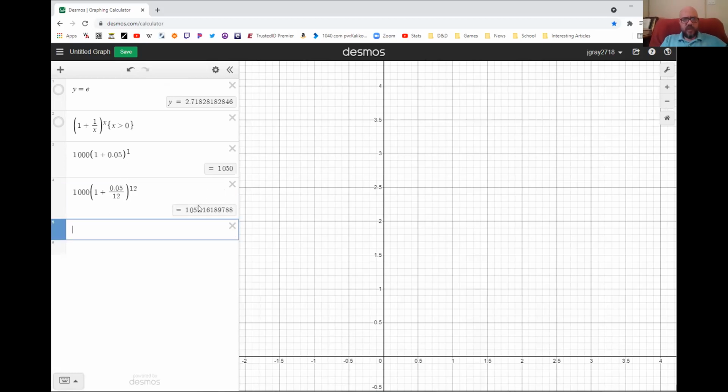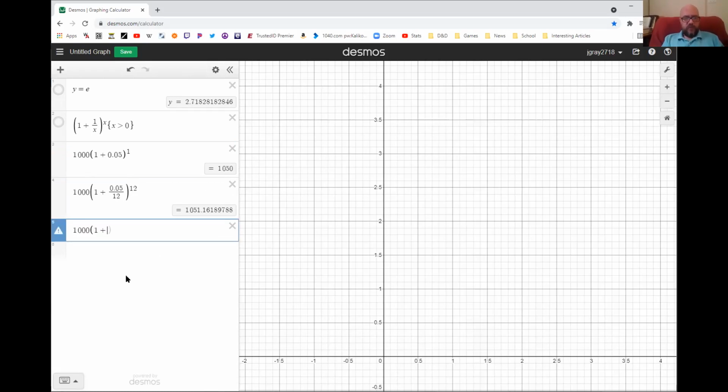So she actually makes $1.16 more. It's 1,050 even if you just compound it once. If you split the 5% into 12 pieces and do it 12 times, you get a little bit more, 1,051.16.